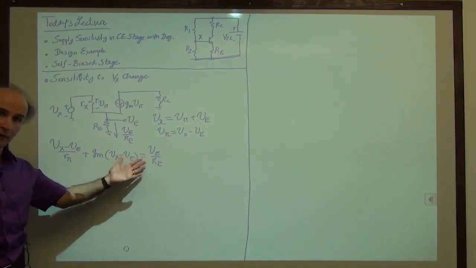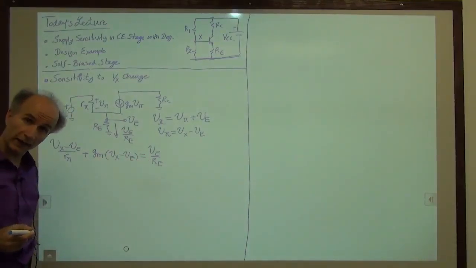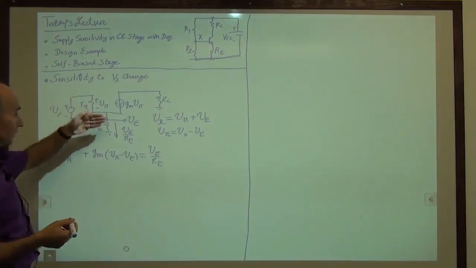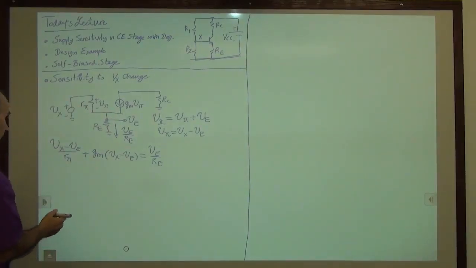So that was easy. We have VE and Vx. We can find VE over Vx. That would be the ratio, the change as it goes from here to here. Okay, so let's do that.